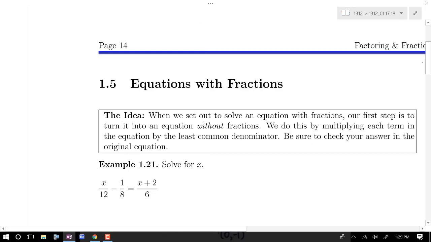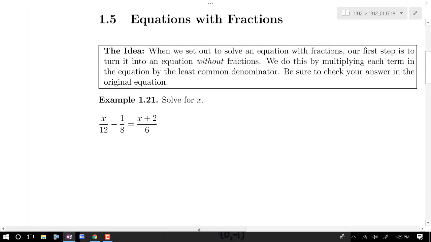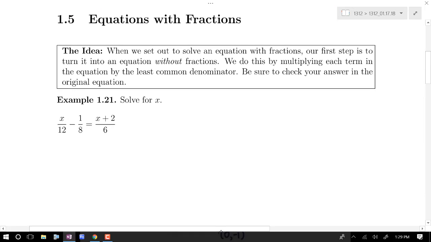We'll look at how we solve equations with fractions. Now, when we solve equations with fractions, usually we're working with equations that involve adding and subtracting fractions. So we're still going to be really interested in what the least common denominator is, but our approach will be slightly different. You can approach it by actually doing any addition and subtraction and getting common denominators.